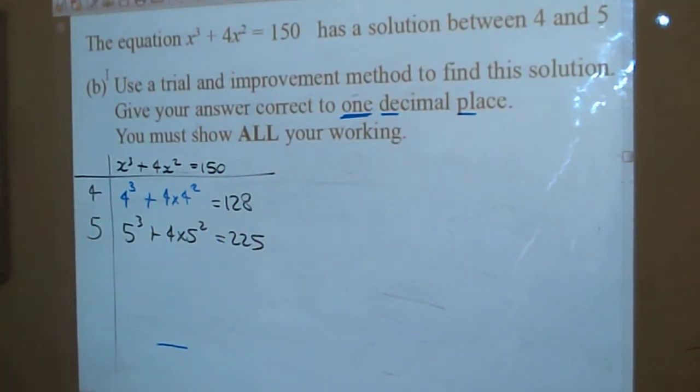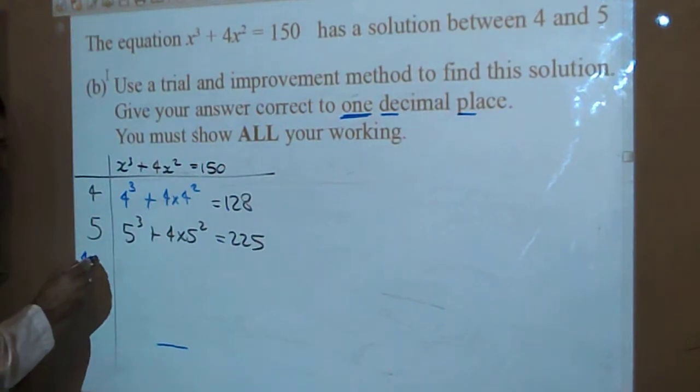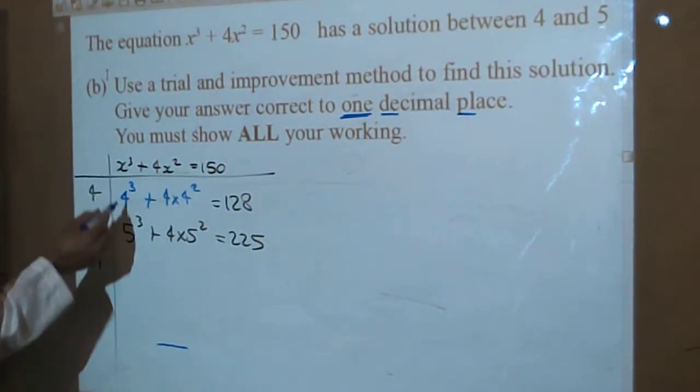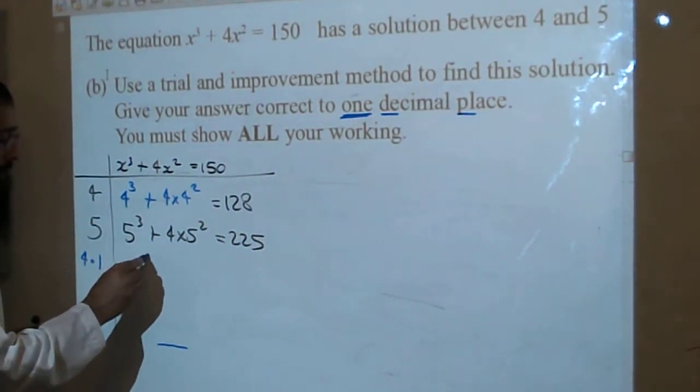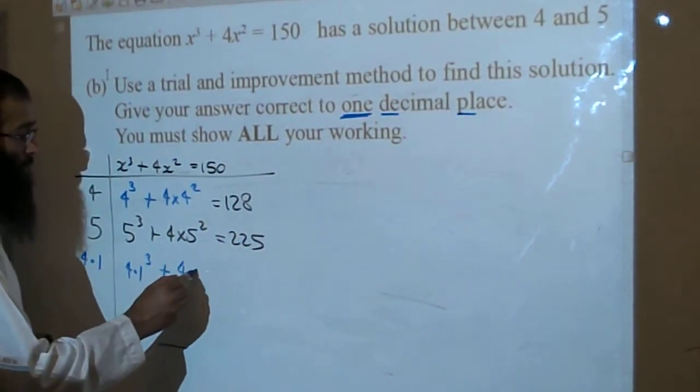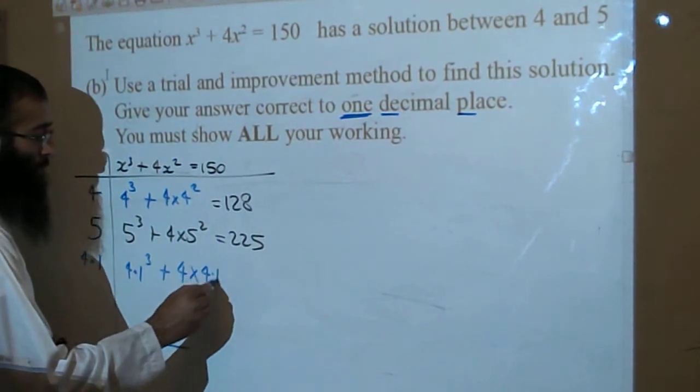So what we could do, we could start with 4.1. Close to 4. So we're going up by a little bit, see if we can get closer, yeah? So 4.1 cubed, add 4 times 4.1 squared.